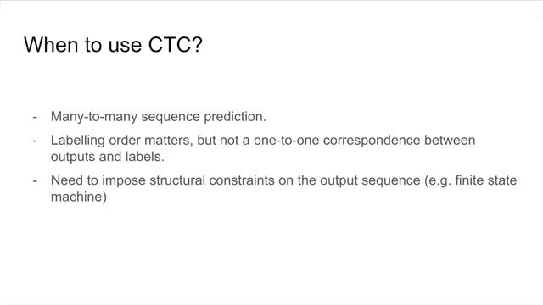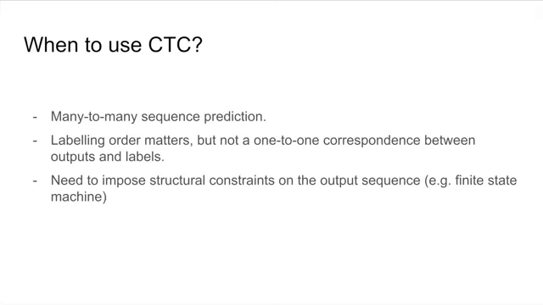So for the third reason, even if we have a label for each output, we may need to impose a structural constraint on the output sequence. So going back to homework 1, you can remember that we had these subphoneme sequences, and there was a restriction on them that for each phoneme there are 3 subphoneme states.